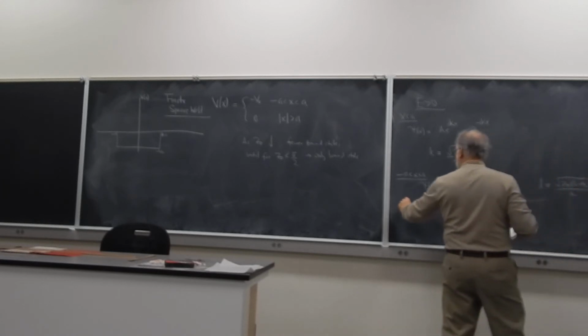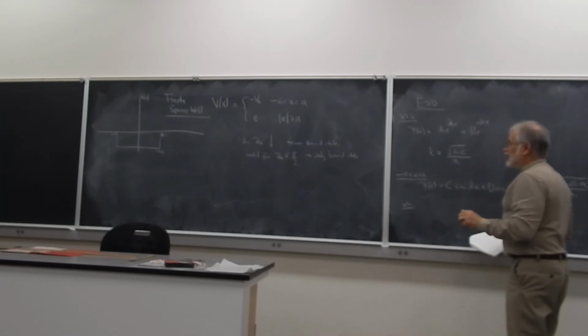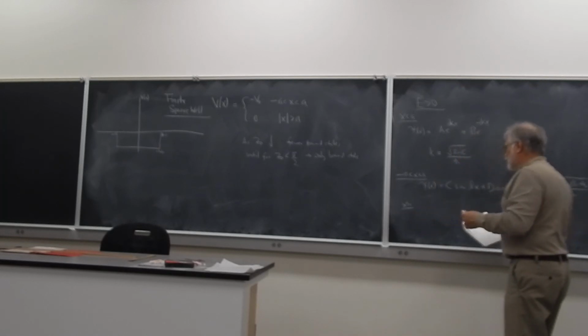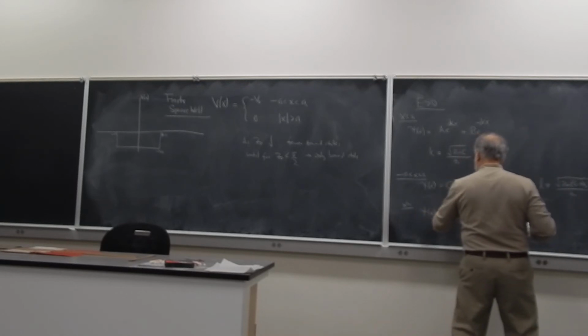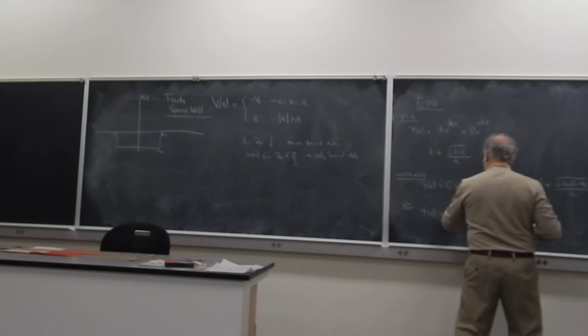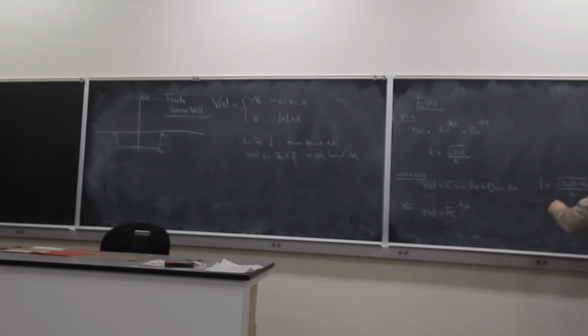And then for x greater than a, assuming that your wave is not incoming from the right, we'll just talk about from the left, so psi of x is equal to F e to the ikx.